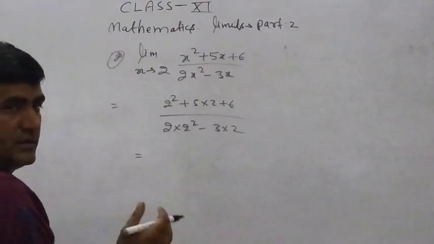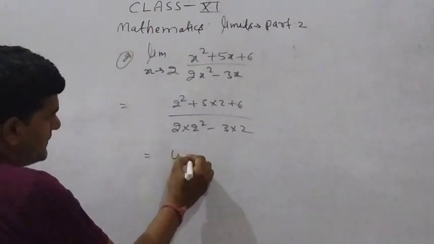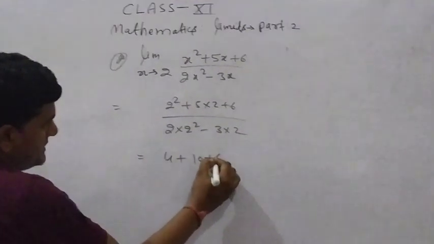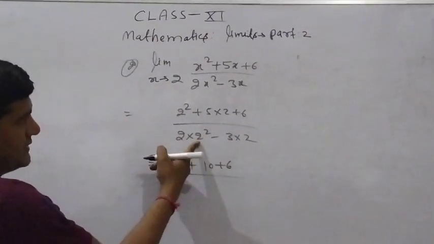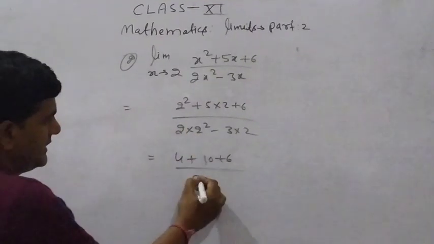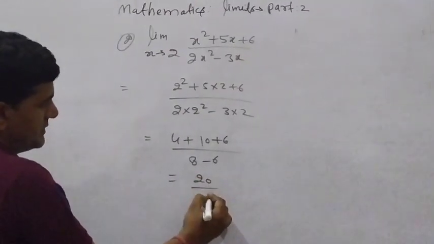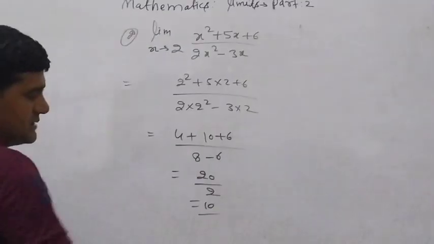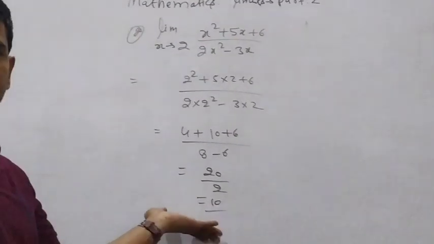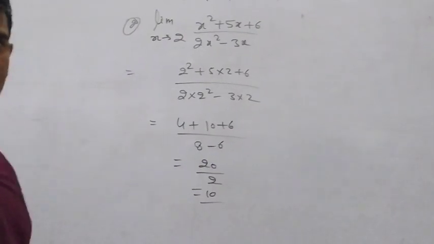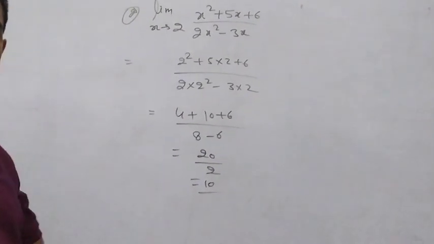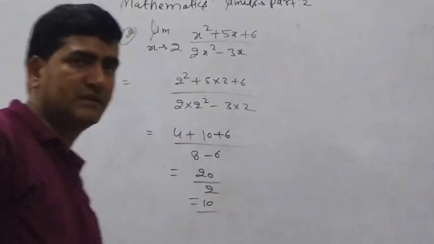Clear? 2 square is 4, 5 into 2 is 10, plus 6, whole upon 4 into 2 is 8 minus 6. Then 20 upon 2 is equal to 10. Now this is the answer, because this is a defined value. If any undefined value comes, then we can use other formulas, other methods.